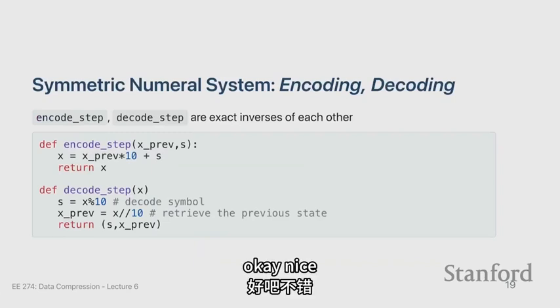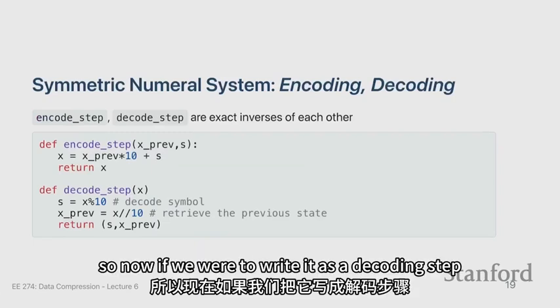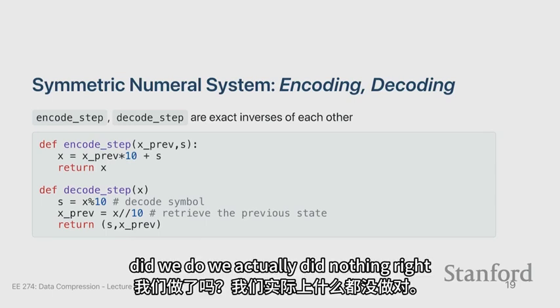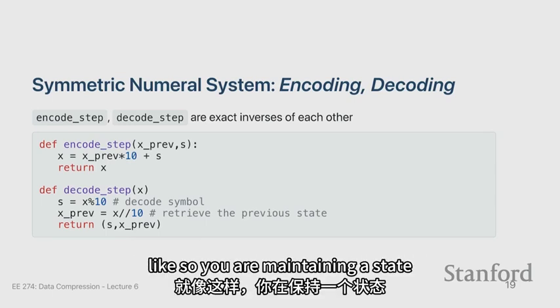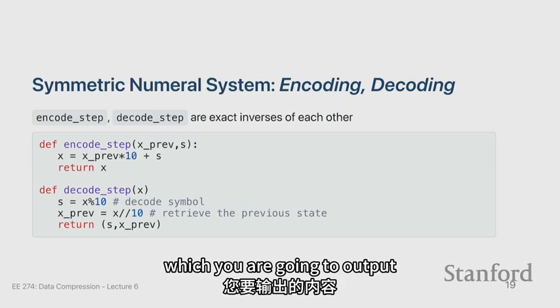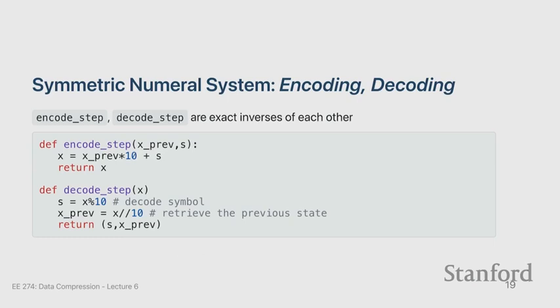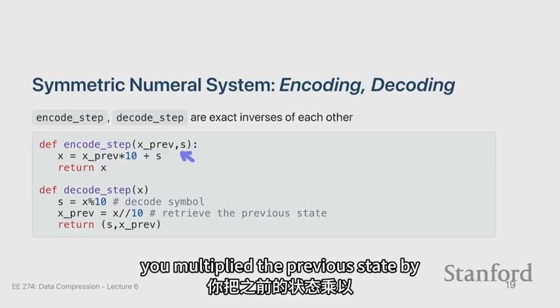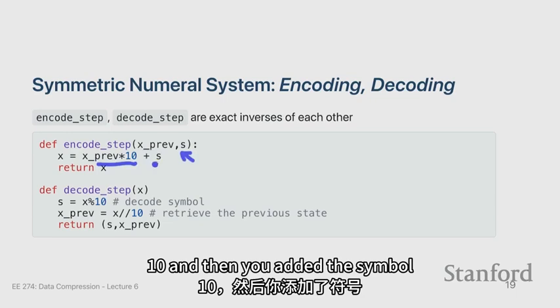Okay, nice. So now if we were to write it as a decoding step and an encoding step, what did we do? We are maintaining a state which we are going to output. Whenever you encode a symbol, you multiply the previous state by 10 and then add the symbol.